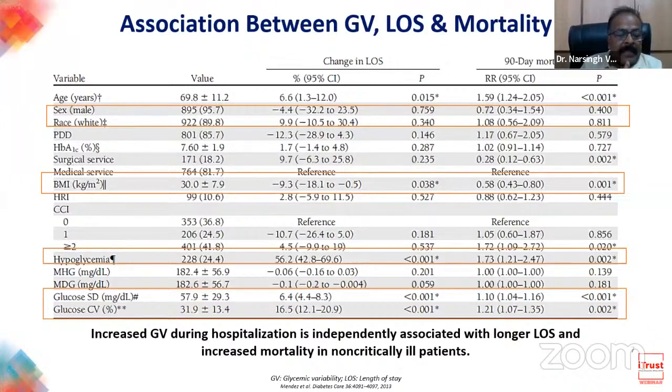But increased glycemic variability during hospitalization is independently associated with a longer stay in the hospital and also increased mortality in non-critically ill patients as well. So those who are having more glycemic variability, the change in blood sugar level within 24 hours and during the stay in hospital, if the amplitude is more, then definitely the outcome is not good. Next one, please.